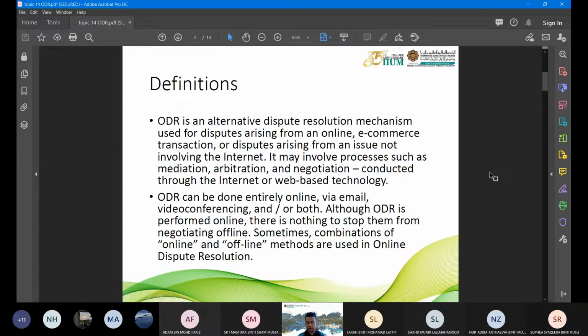When the parties are from different jurisdictions, this particular medium is very useful, especially when they are disputing over commercial issues, whereby they can apply arbitration or ADR and mediation and so on, but done fully online, sometimes by full use of email or even web-based technology.